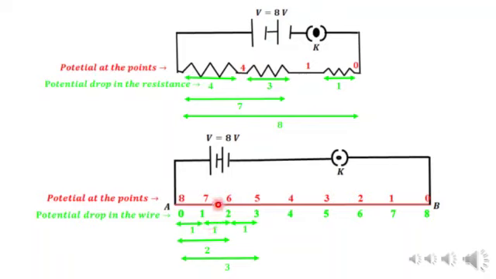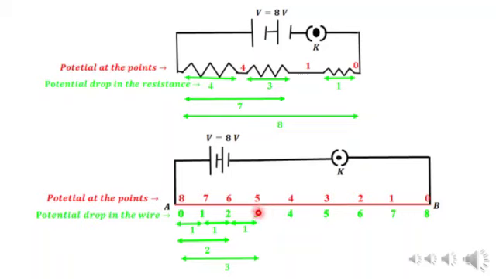Again 1 volt drops in this length, so potential at this point is 5 volt. Since 1 volt here, 1 volt here and 1 volt here, the total potential drop in this length is 3 volt, and so on.